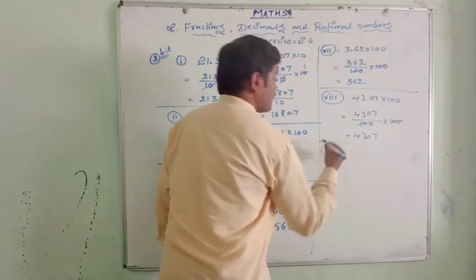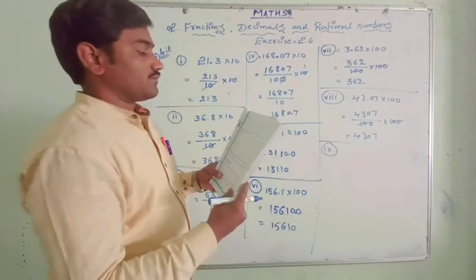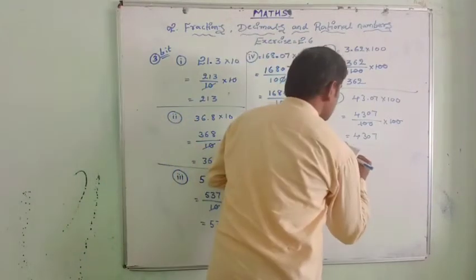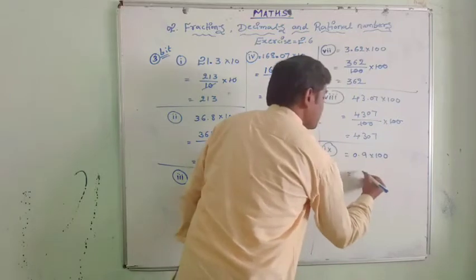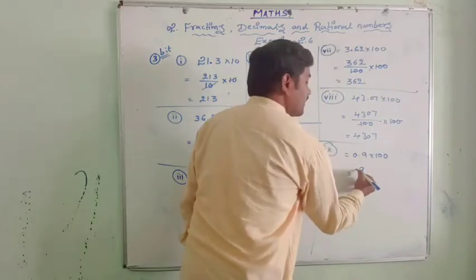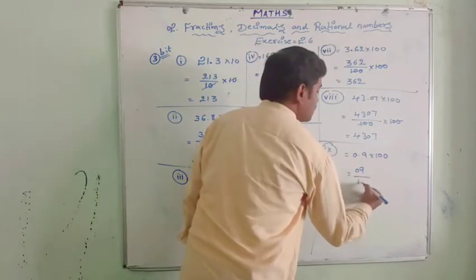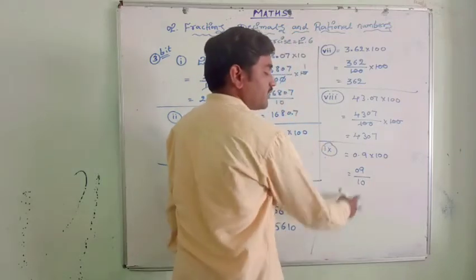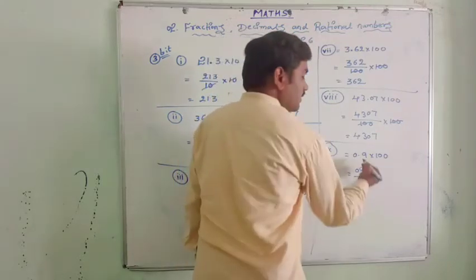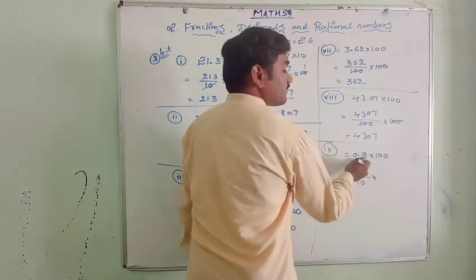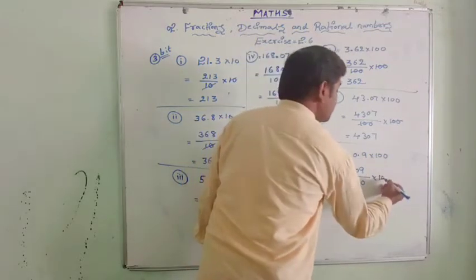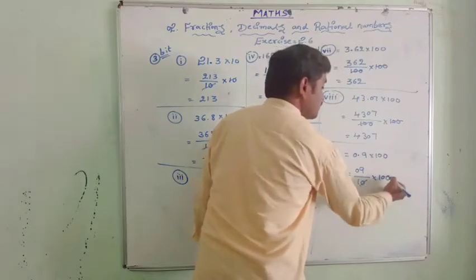Then the 9th question. The 9th question is 0.9 into 100. Simple. 0.9 I will write as 9 by only 10, because after the decimal there is only one digit, so divide by 10. Changing the decimal into a fraction, into 100. See here, the 10s get cancelled.